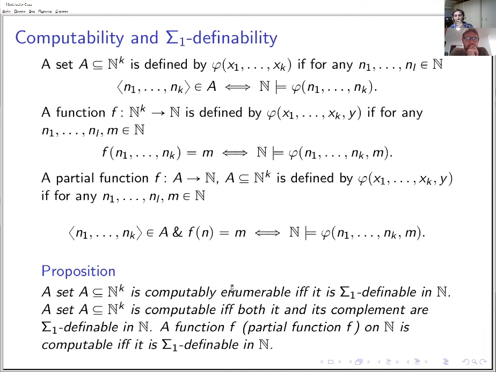We could also talk about definable functions and definable partial functions. The definability of a function or partial function simply means that the given formula defines the set that is the graph of this function or partial function. So this is how the standard definition works.